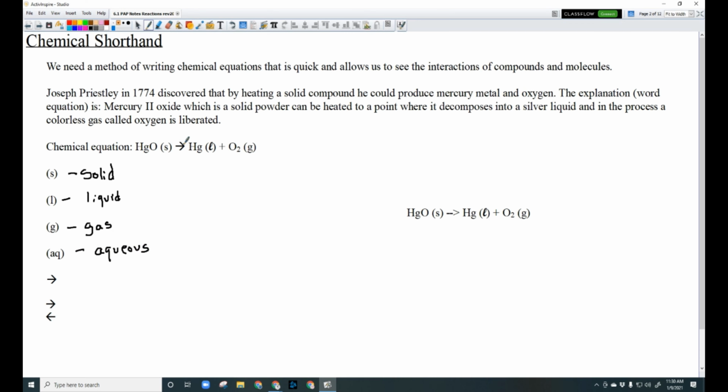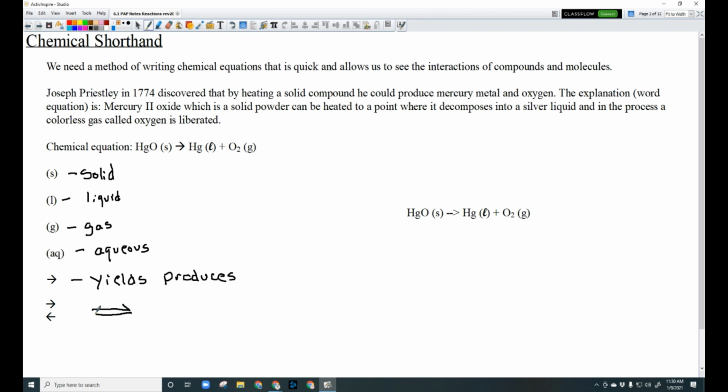Okay, then we have this symbol, which is the arrow like this, and that means yields or produces. And then sometimes you're going to see, again, a little later on in chemistry, a double arrow, one pointing to the right, one pointing to the left. Sometimes it looks a little different than that.